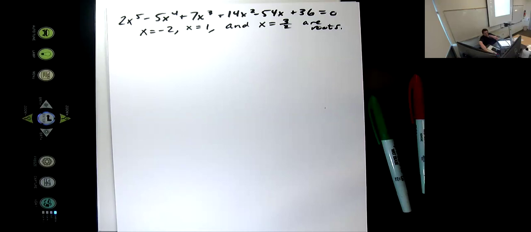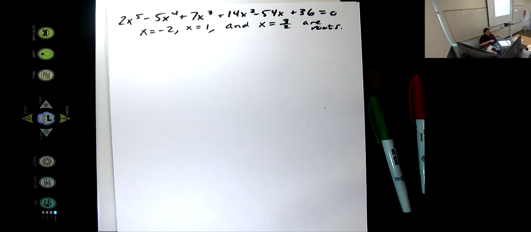I want to make sure that I have the right coefficients, so let me check this real quick. Plus 7 plus 14. Because there's nothing like having shit that don't work.